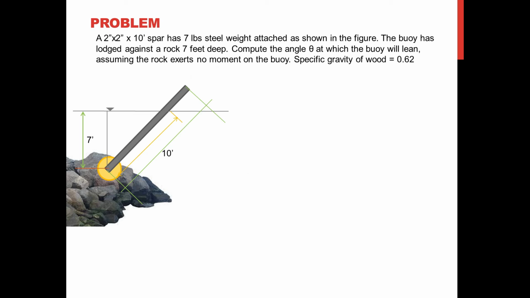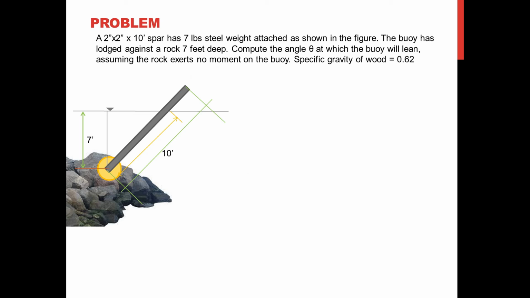In here, we have a 2 inches by 2 inches, this is the cross section, by 10 feet length spar has 7-pound steel weight attached as shown in the figure. The boy has lodged against a rock that is 7 feet deep.